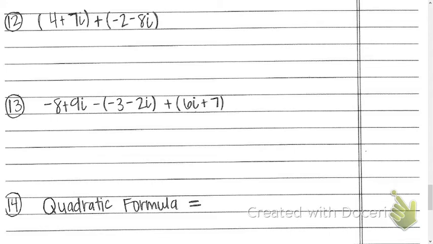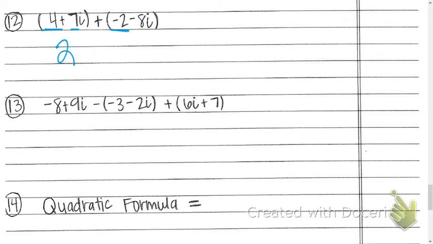Now we're just combining like terms because what's in the middle of those sets of parentheses? A plus sign. Okay, so we're just combining. So, does a positive trump a negative or a negative trump a positive? Negative trumps a positive. So, we have 4 minus 2, 2.